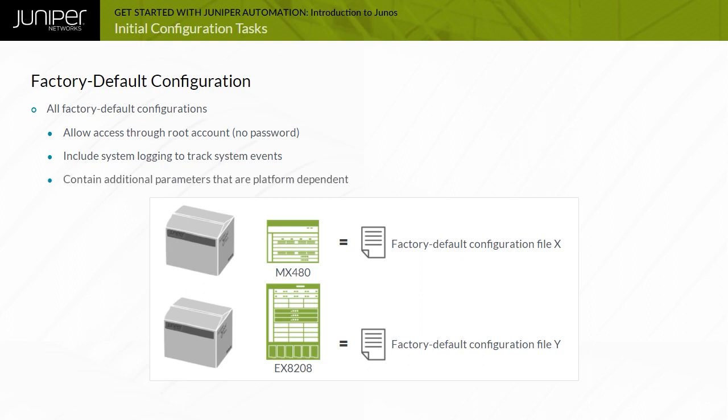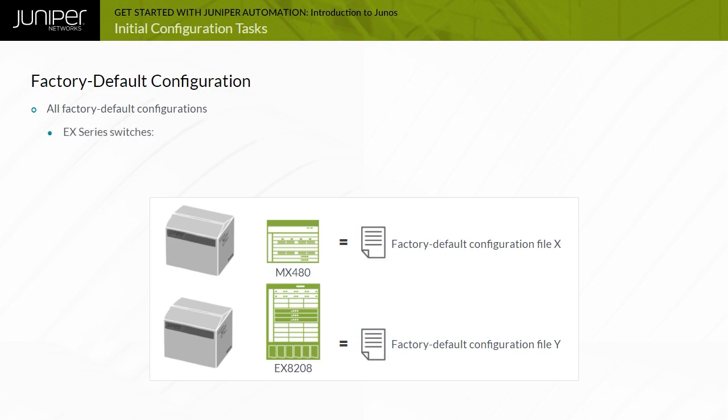Factory default configurations can vary from one platform family to another, or even between the different models within the same platform family. All platforms running Junos OS are designed for specific roles within a network environment, and their factory default configurations are created with those specific roles in mind. One example is the EX series switches that are designed to operate as Layer 2 switches right out of the box.